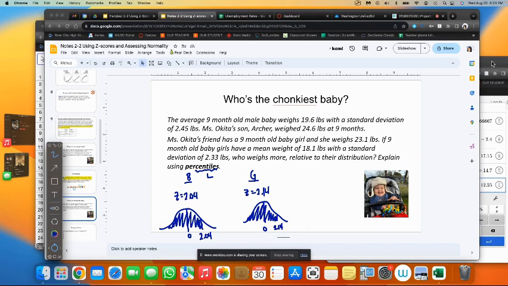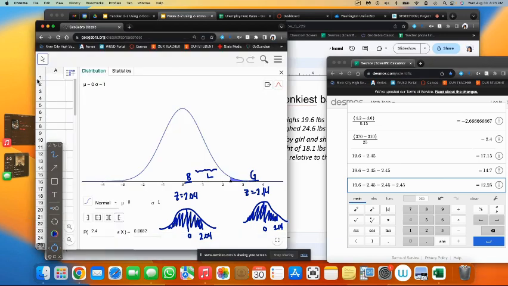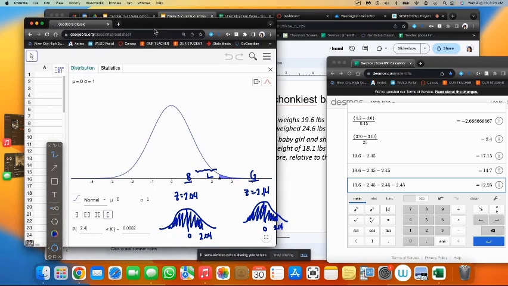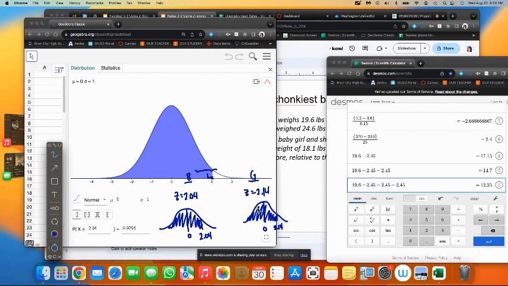All right, so now we're going to pull up our calculator. We want the area to the left, so we're going to select this, and then type in 2.04. The percentile in this case for the baby boy, if we convert this to a percent, is 97.9%, but we convert to the nearest whole percent, so that's going to be the 98th percentile.